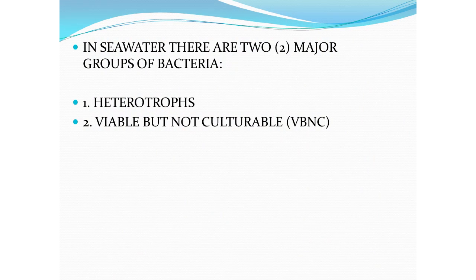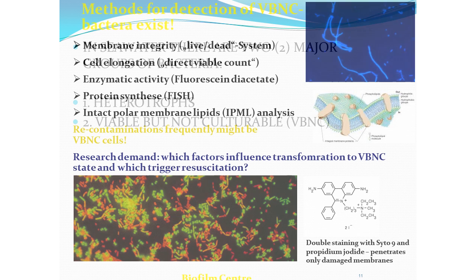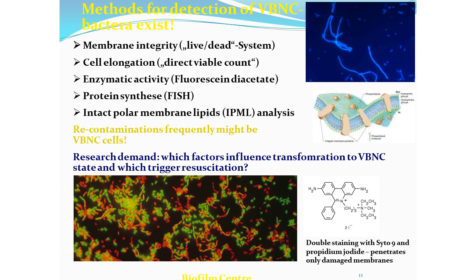We have two groups. Those you can grow in your laboratory, called heterotrophic bacteria, and those that don't grow, but you can stain them and see them as present by microscopic means, which are called VBNC bacteria. And the best way of seeing the bacteria is by the live dead technique. You can buy kits.